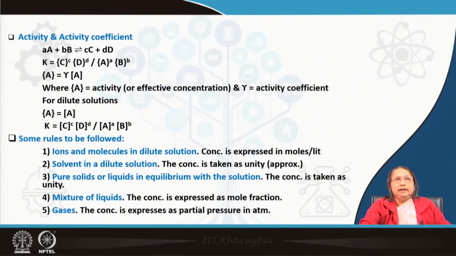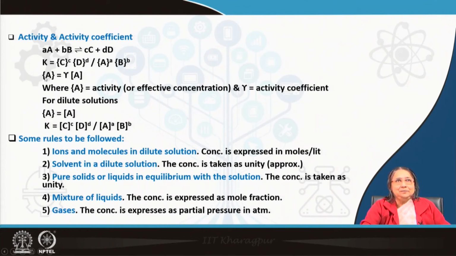Now, if we want to be more accurate, we will use the activity term. For a reaction where a moles of A react with b moles of B and produce c moles of C and d moles of D, K should follow this expression. The second bracket means activity, so in all cases we have to use the activity terms.